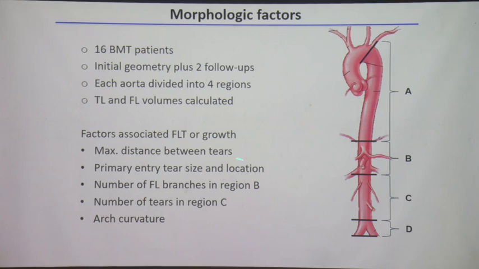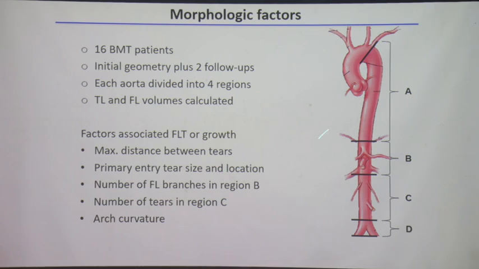If any one of these features, for example the distance between the tears, the size of the entry tear, or the location of the entry tear, is a strong predictor of false lumen thrombosis, then we don't have to predict the thrombus formation. We can just measure these parameters, and that will give an indication as to whether the thrombus can form or not.